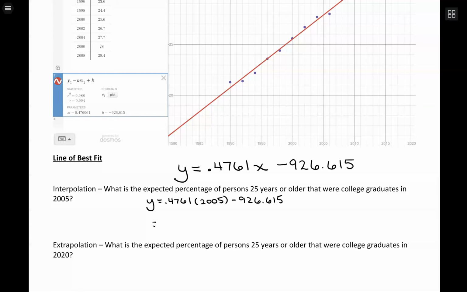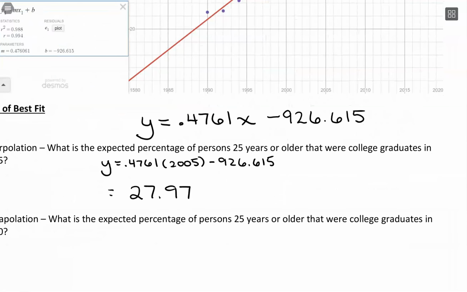And then we'll just plug that into a calculator, which I'll do on the side here. And that should be 27.97. So what we have here is, in 2005, and what we need to be careful of is that this isn't an observed value, this is an expected value.